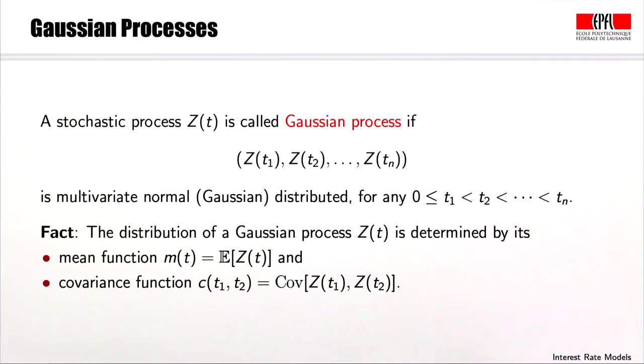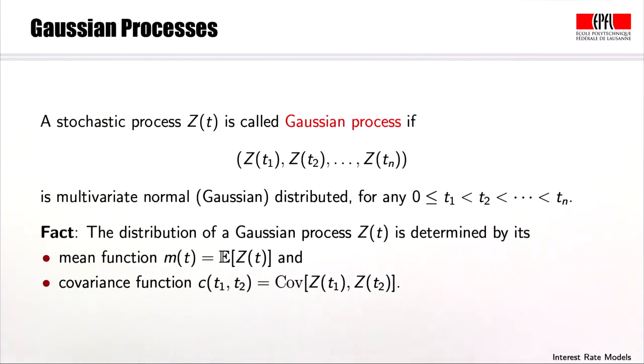A Brownian motion is a Gaussian process in the following sense. We define a stochastic process Zt to be a Gaussian process if its finite dimensional distributions are multivariate Gaussian or normal distributed for any finite selection of time points t1 up to tn.